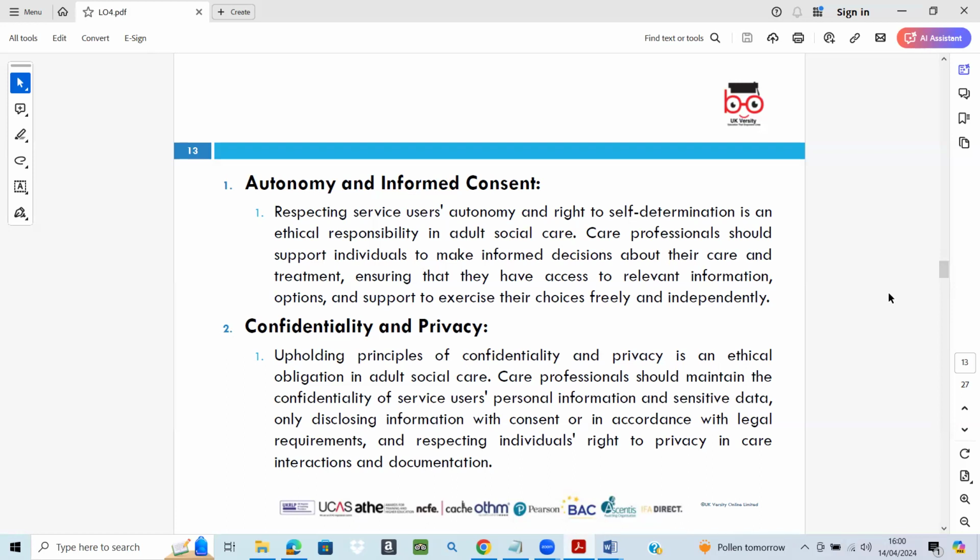Now we have confidentiality and privacy. Confidentiality and privacy are about protecting personal information and respecting the personal space and dignity of service users. This builds trust between service user and care professional and is crucial for ensuring that individuals feel safe and respected in their care environment.